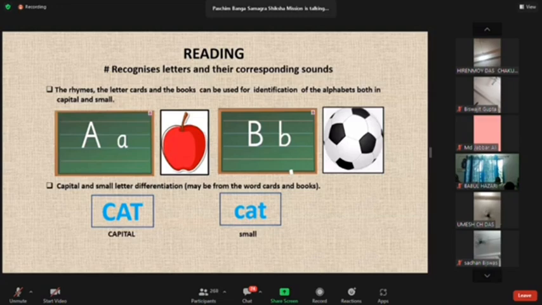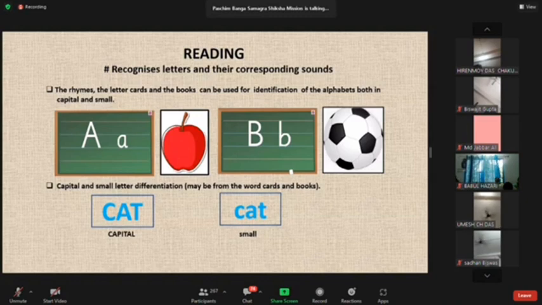And after practicing this, whenever they are able to identify some familiar letters, then we can convert them into activities. We can provide them word cards with capital letters and small letters, and ask them to say which one is written in capital letter and which one is the small letter. They can identify this.